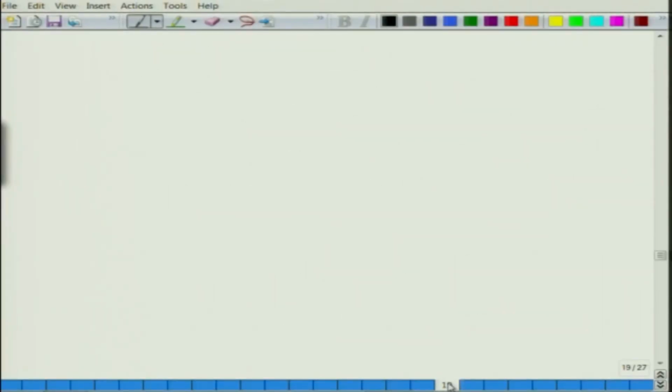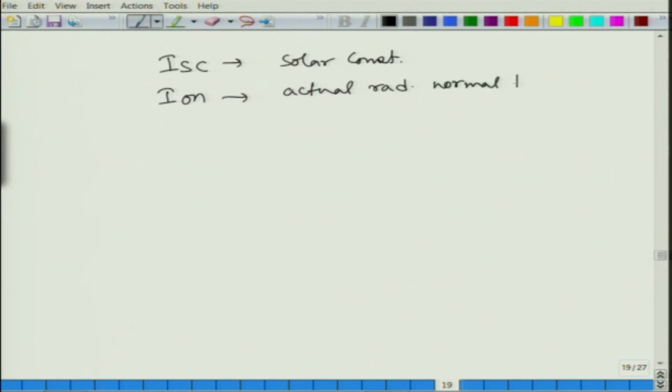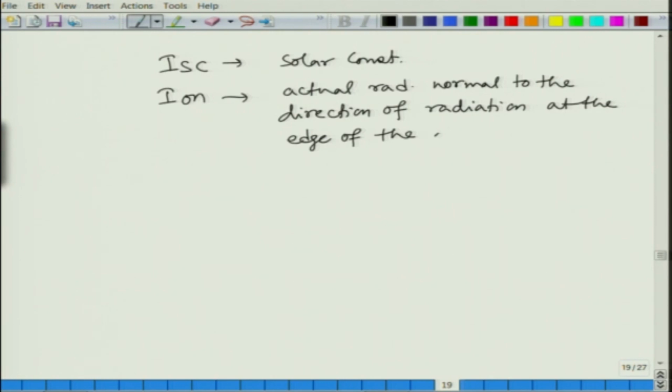Now, of course, we have seen that ISC is the solar constant which is the intensity at mean distance outside the atmosphere, and that has to be related to this ION, right. So, this is the actual radiation normal to the direction of radiation at the edge of the atmosphere.